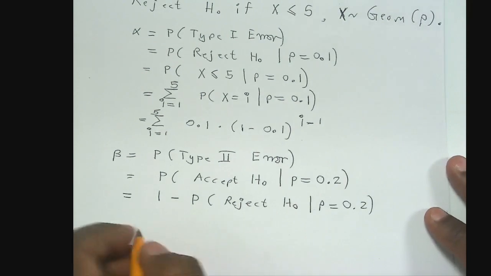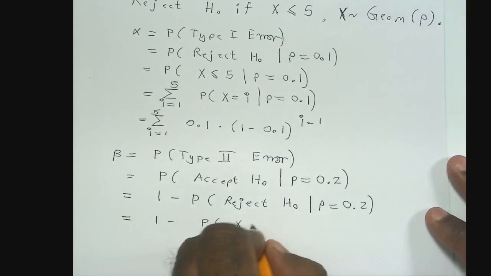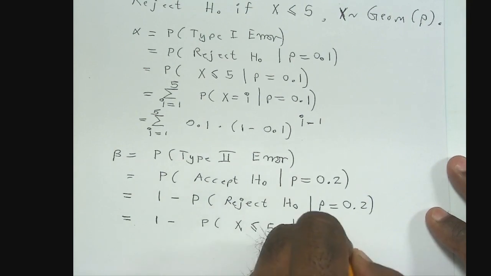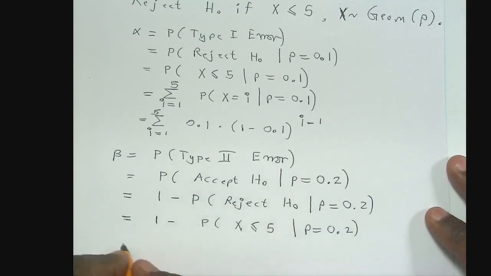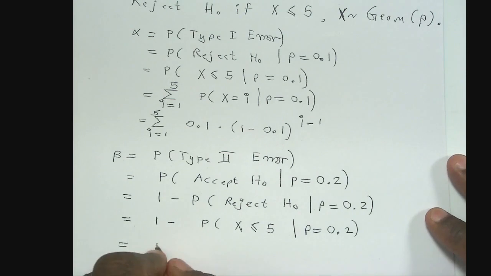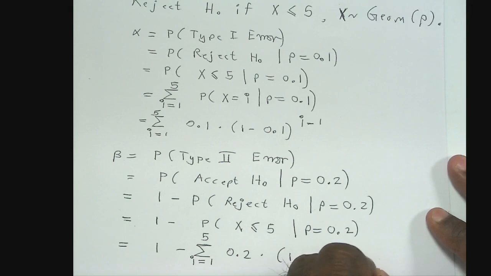So this is 1 minus the probability that x is less than or equal to 5 when p is 0.2. By the same argument as before, this is 1 minus the sum from i equals 1 to 5 of 0.2 times (1 minus 0.2) to the power i minus 1.